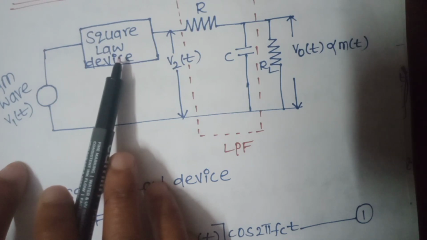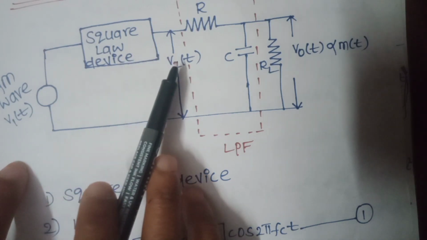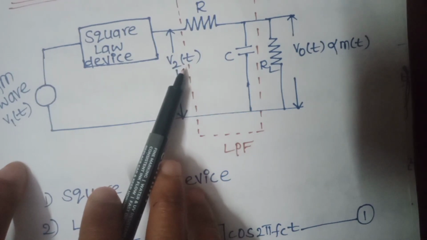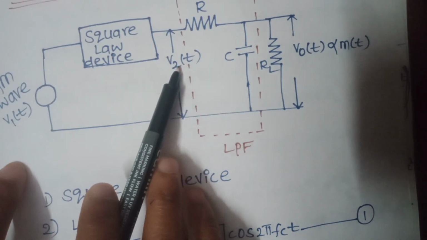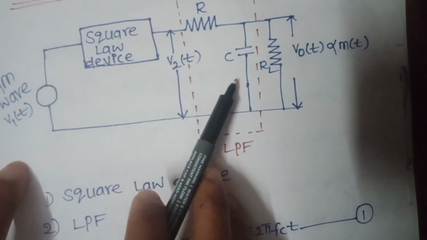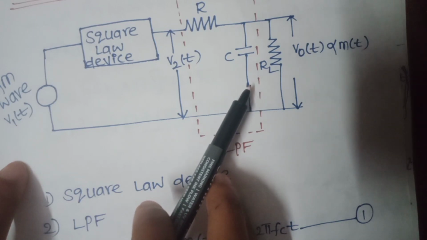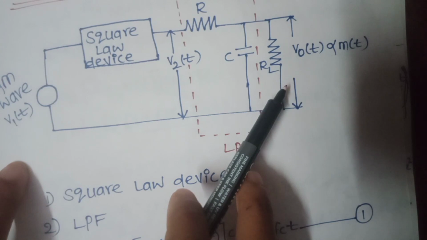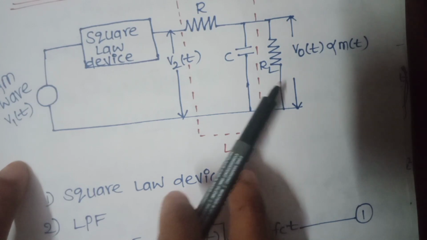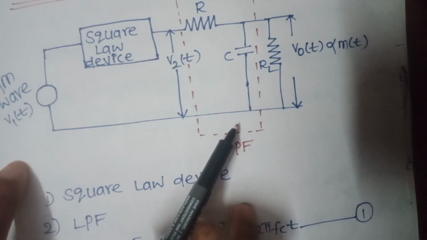The input V1 of t is represented in terms of V2 of t. That V2 of t is passing through our low pass filter, which allows only low frequency signals. All the remaining are rejected by the LPF.